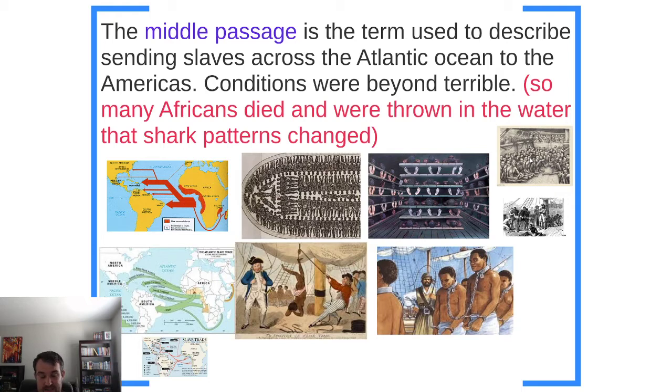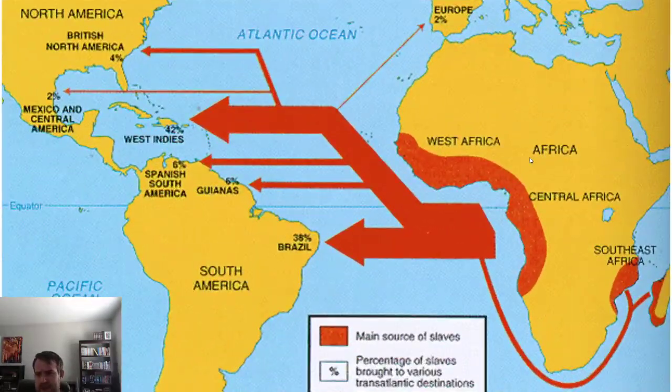And that fact in itself shows you the sheer numerical weight of how this slave trade affected our planet.